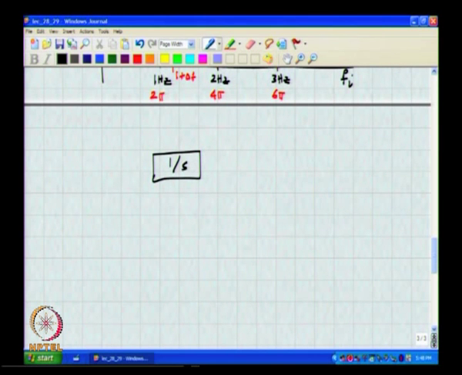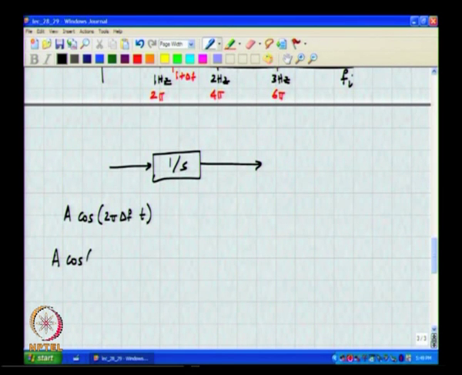So, we had the loop filter which is 1 by s, and we consider two cases: A cos 2 pi delta f times t and A cos 2 pi into 1 plus delta f times t, right.